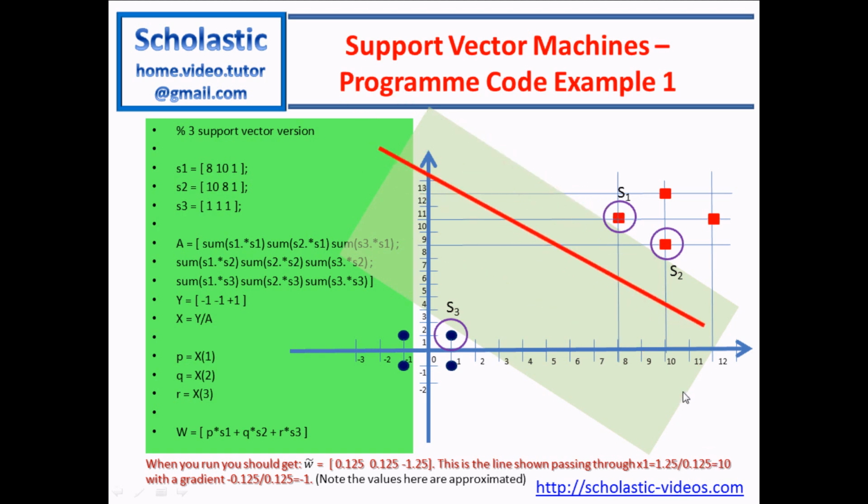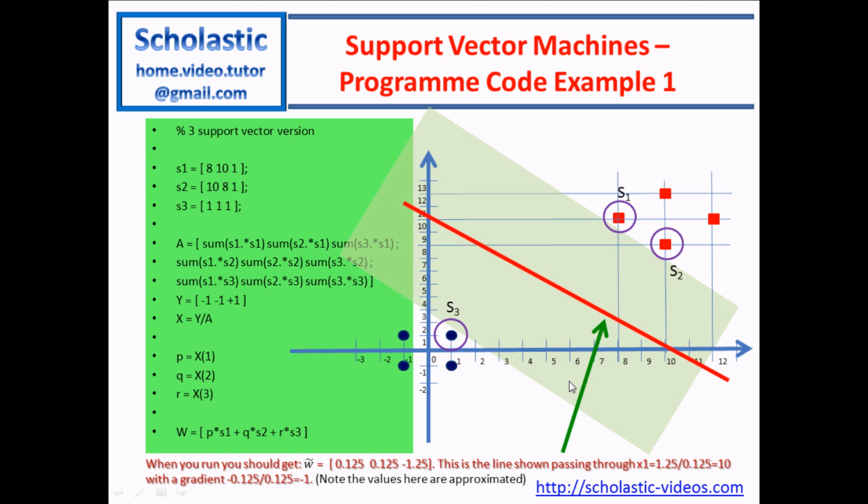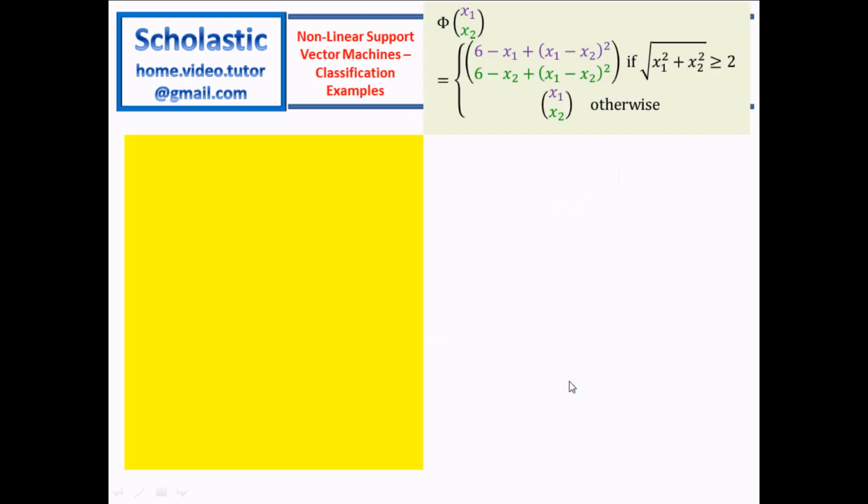So approximately it's the same, because the mathematical approximation gave it as equal to 10 because of this program. Finally we got the same line between the 2 classes, the red class and the blue class. So this is our first task: we found a separating hyperplane between the 2 classes.